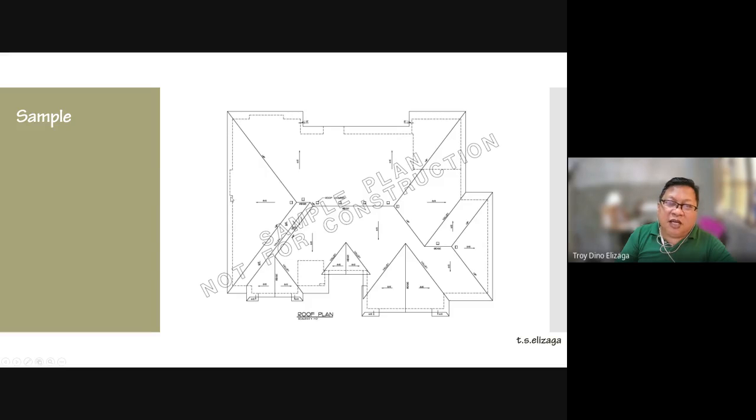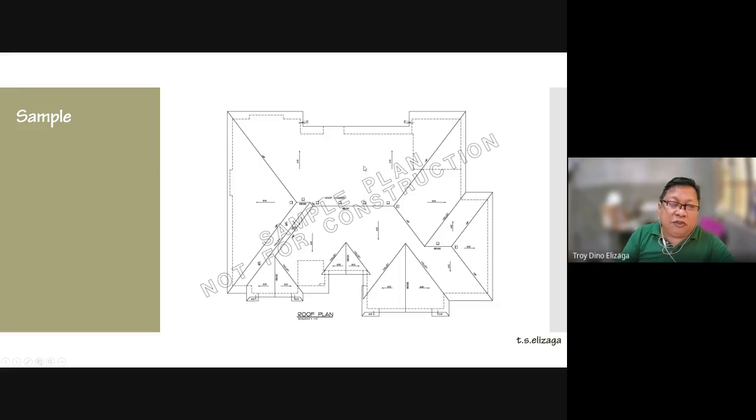Okay, in the Philippines normally we draw that. Why? Because it makes it more representable, like it's easier to understand. And depending on the scale of the drawing, if the drawing is small, you can put in the actual material.